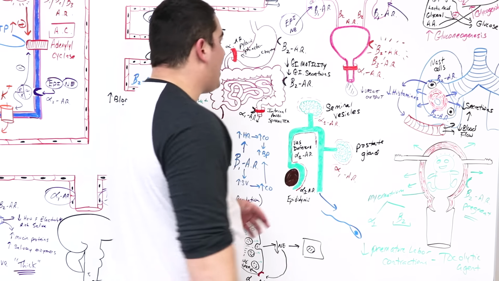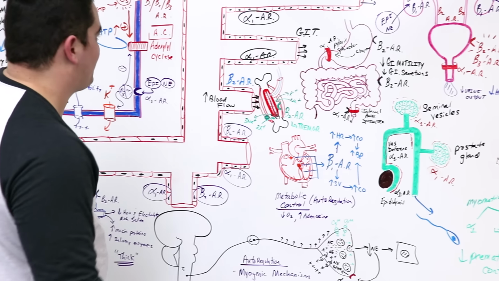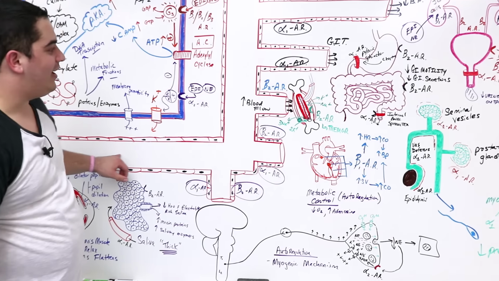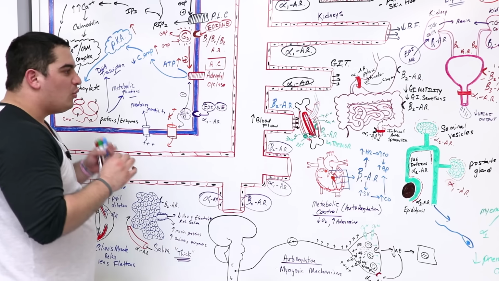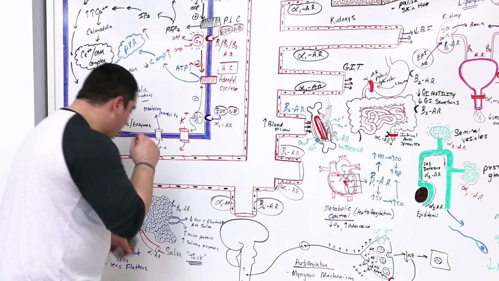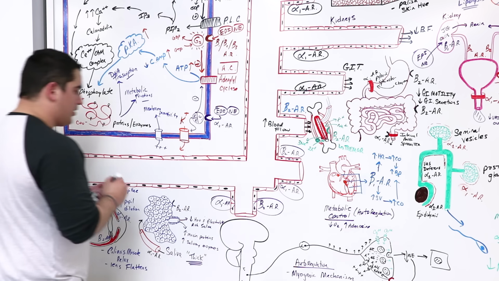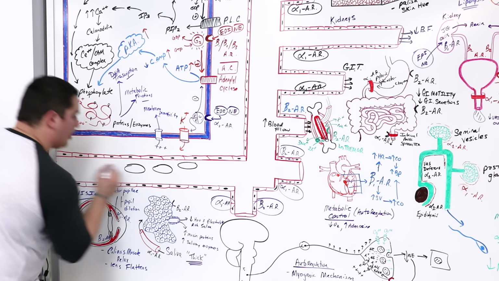Okay. Now, we have one last thing, thank goodness. And that is going to be in the blood. In the blood, we have these tiny little cytoplasmic fragments, which are called platelets. So let's say here I have some platelets.